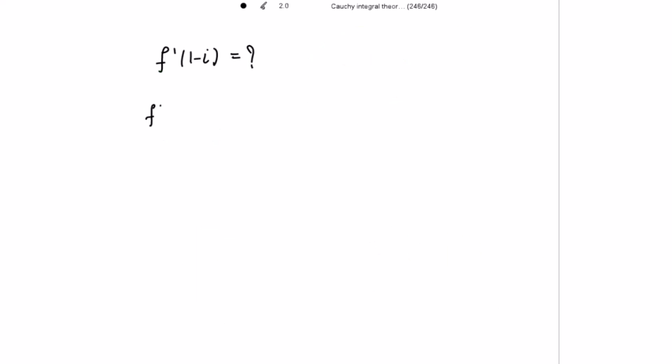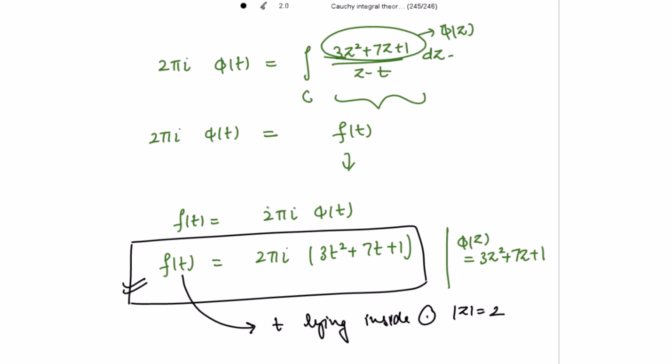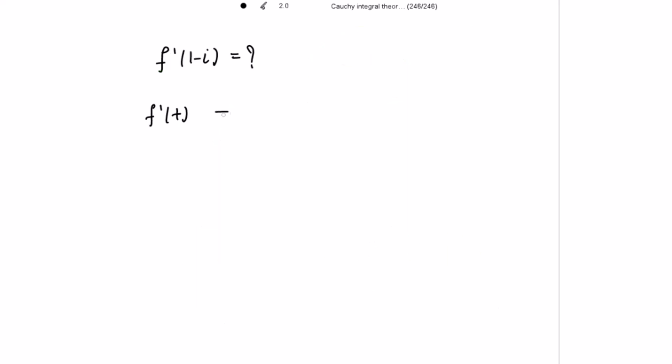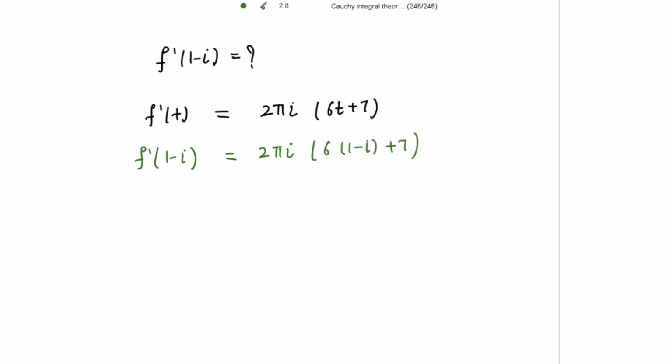So let's first differentiate f of t with respect to t. So the right hand side becomes 2 pi iota into 6t plus 7. Just differentiate this with respect to t. So this is equal to 2 pi iota. Just put the value of t as 1 minus iota now. So this is 6 into 1 minus iota plus 7.